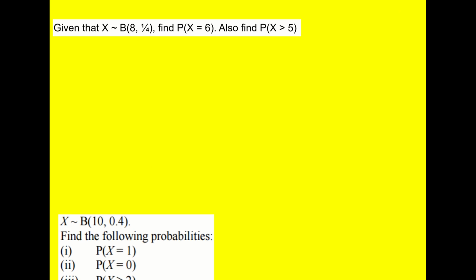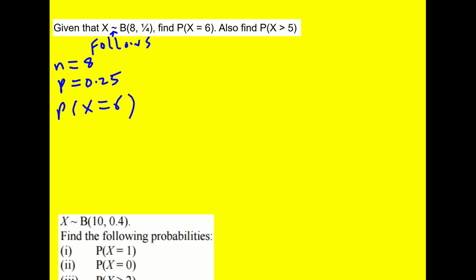Okay, so for this question, we've got that X follows a binomial distribution. That's what that little tilde actually means. I didn't talk about that really before. We've got 8 trials, so n is equal to 8 and p is equal to 0.25. So if I want the probability that X equals 6, then I've got 6 successes, 1, 2, 3, 4, 5, 6, and 2 failures.